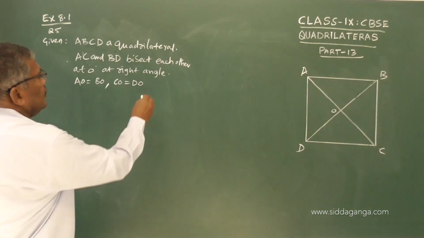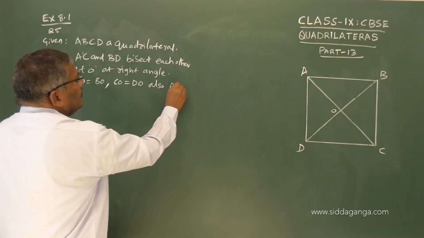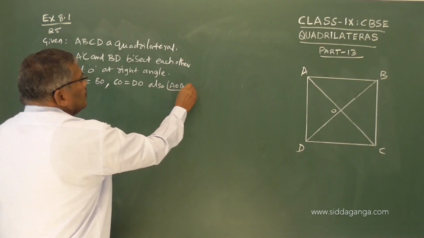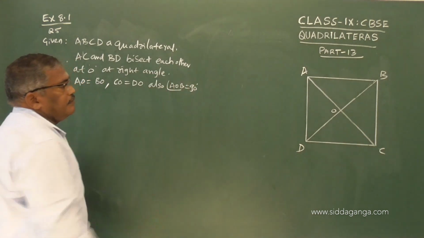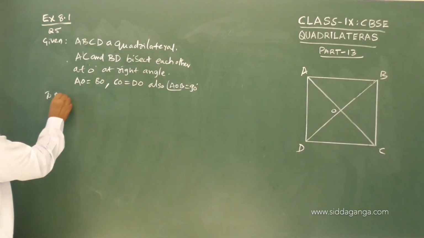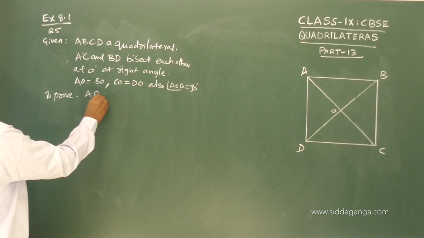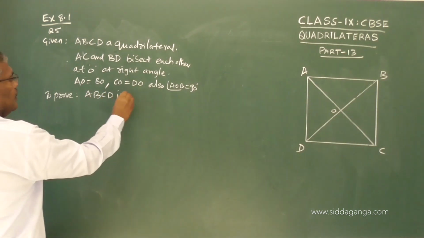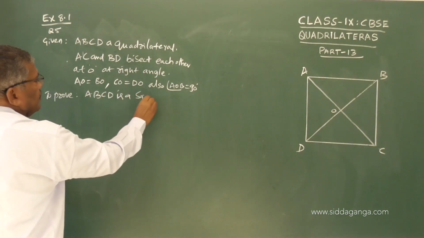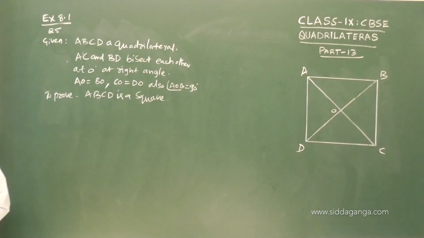And also angle AOB equals 90 degree. To prove: ABCD is a square.